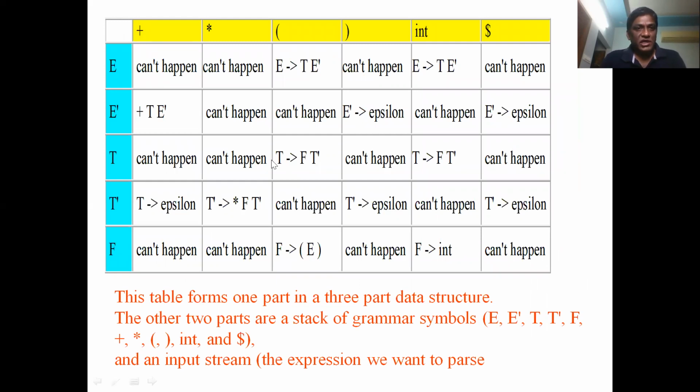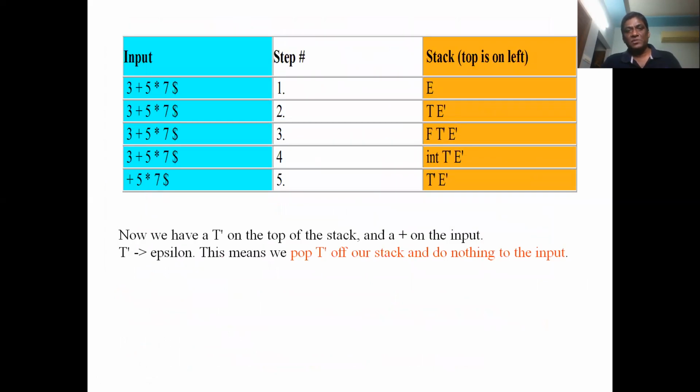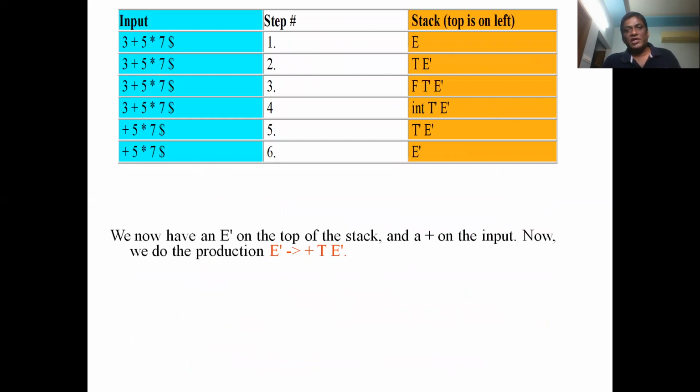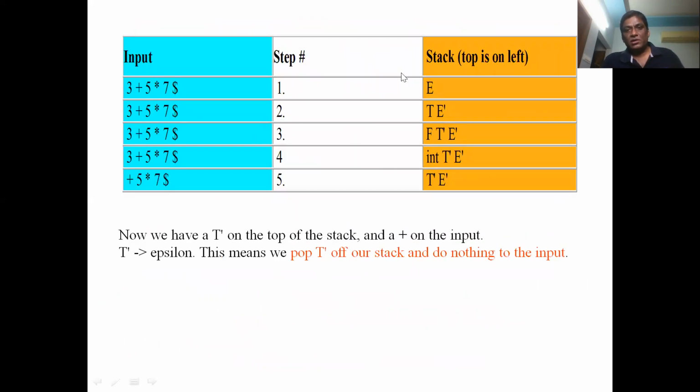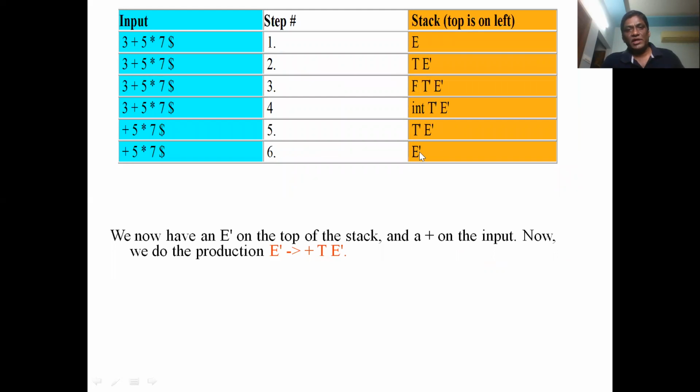See here, T dash on plus is showing epsilon. Please change this: it is not T implies, this is T dash implies epsilon. So it is saying simply substitute epsilon in place of T dash. That means pop this T dash, and the input buffer still points to plus. There is no change here. After removing that T dash, you will have only E dash.